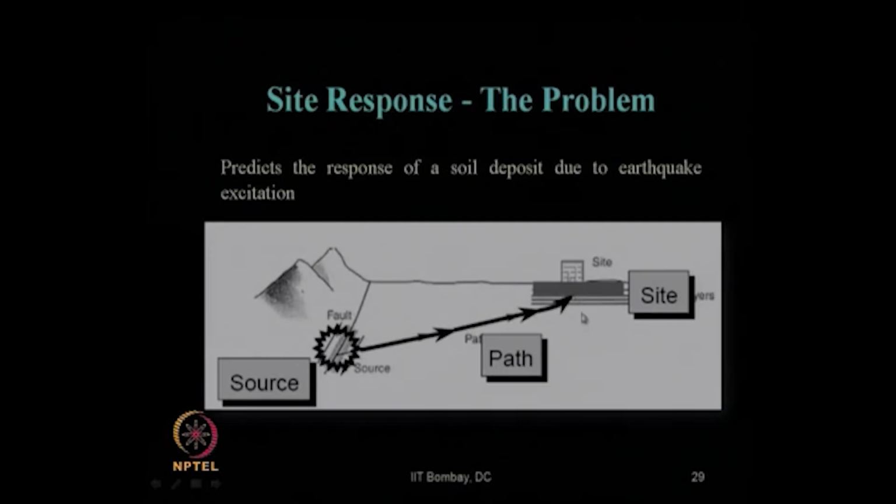So, it depends on what type of material you have close to the ground surface. Depending on that, the site specific or location specific ground response is necessary to analyze and know for further design of the structure at that particular site.